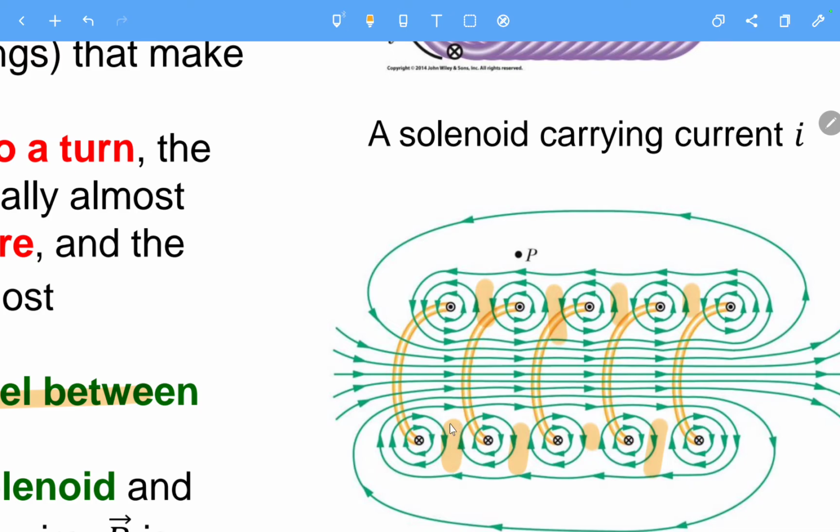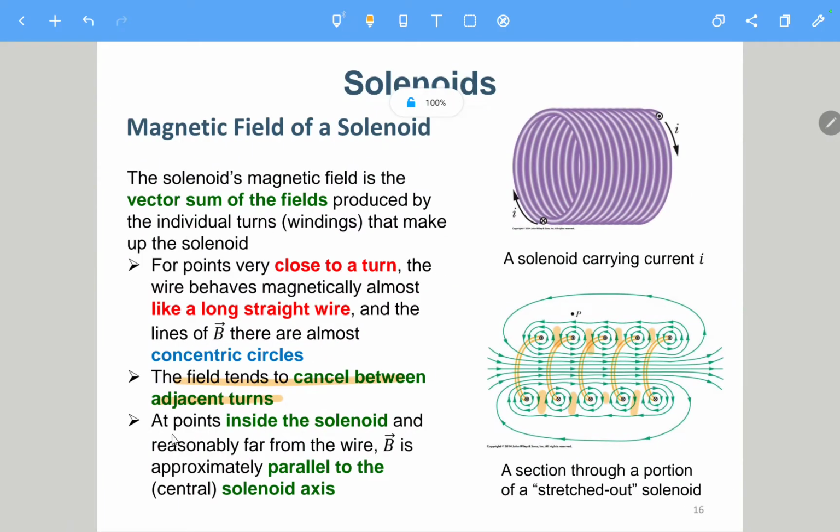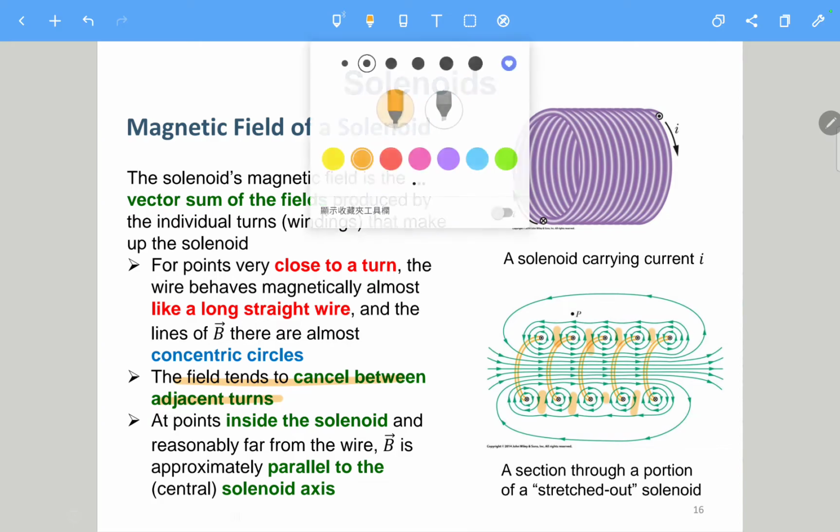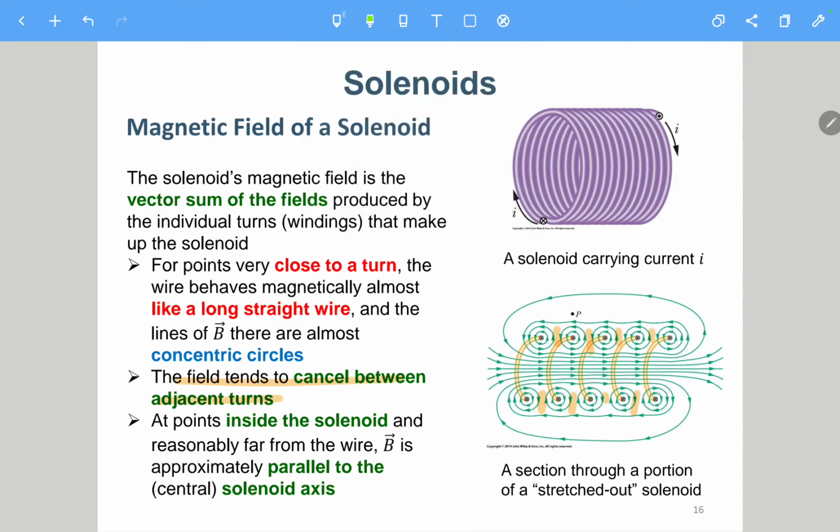So in the middle of adjacent wires, the B field is very weak. Both of them cancel. And then next, at a point inside the solenoid and reasonably far away from the wire, B is approximately parallel to the solenoid axis. So it indicates the parts here.